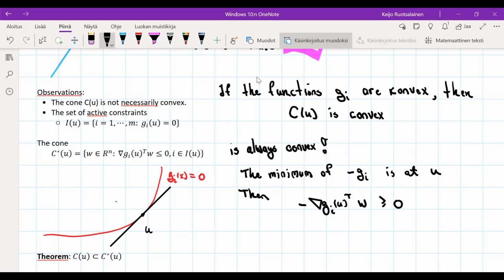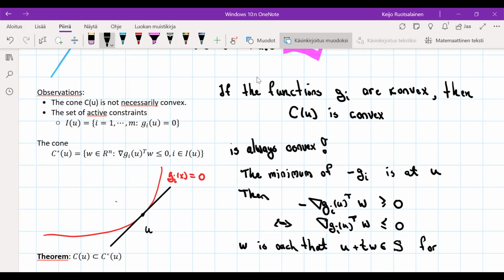So we are increasing the values of minus gi, which is equivalent to saying that gradient of gi at u, scalar product with W, is less than 0, where W is such that u plus t times W belongs to the constraint set for small positive t.